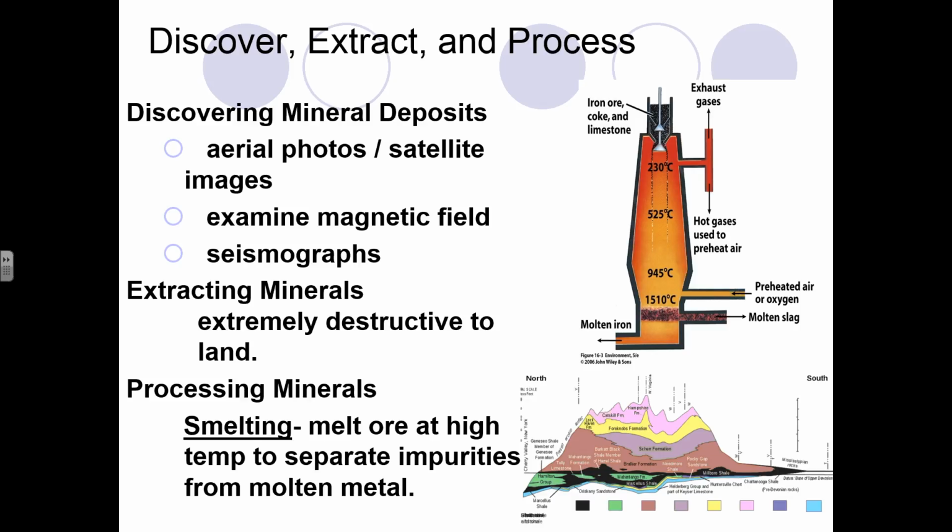So looking for geological formations. With Earth's magnetic field and gravity, we tend to see certain deposits of minerals. And we're really just making estimations and trying to figure out possible locations. Once we've identified where minerals are located, then the mining begins. So extracting, it says here, can be extremely destructive.